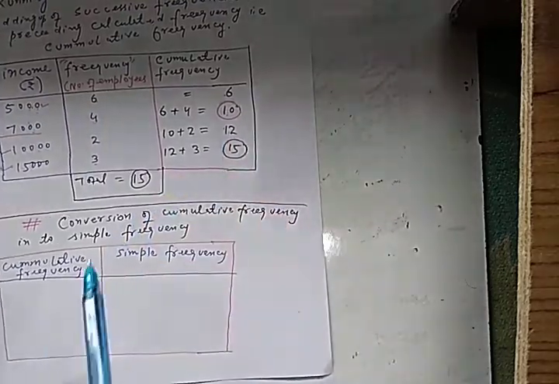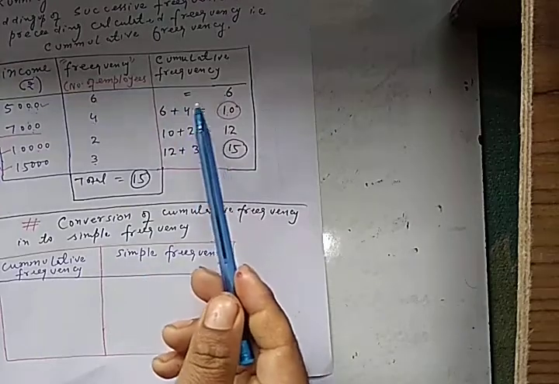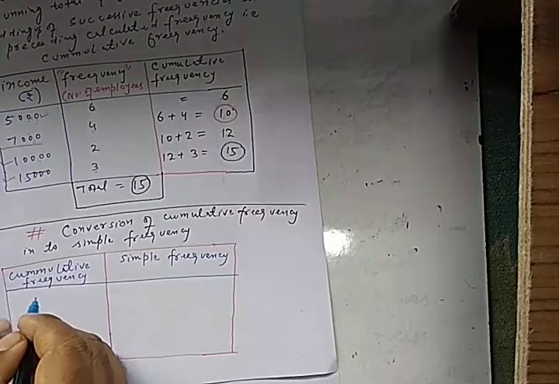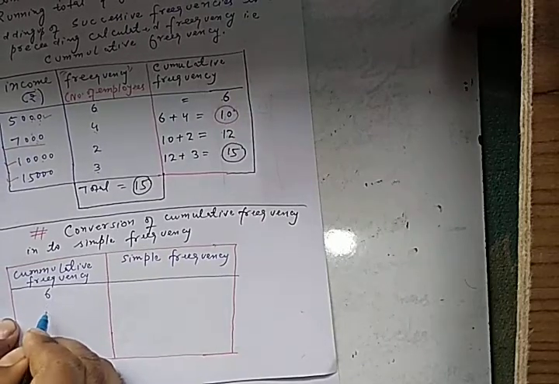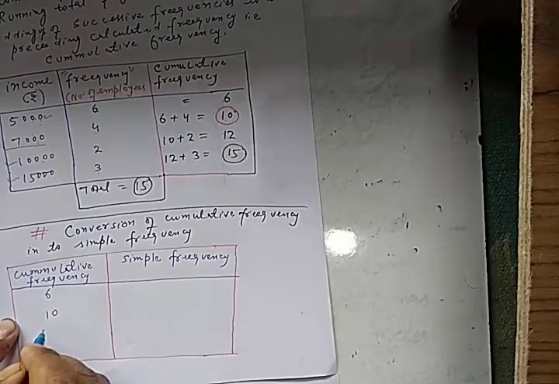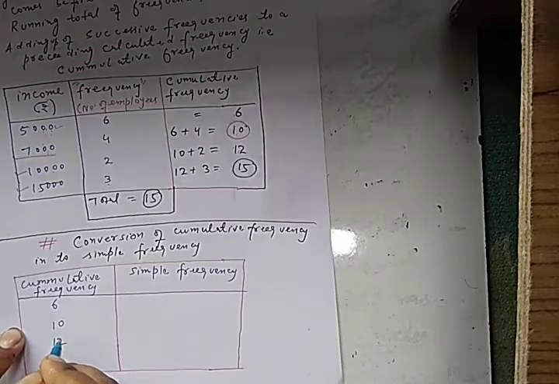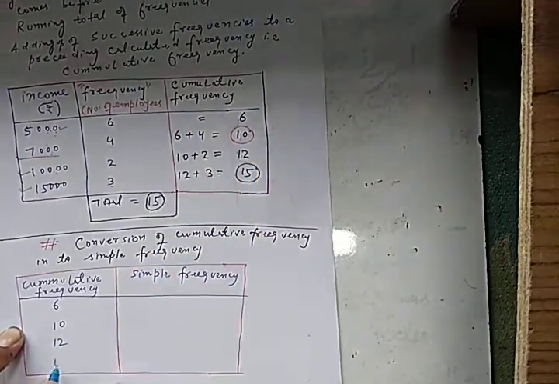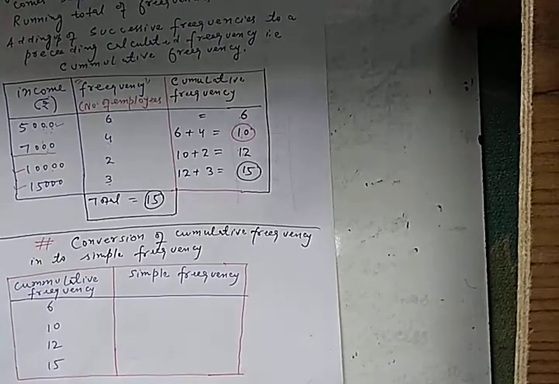We will take the same cumulative frequency as given in our above example, that was equal to 6, 10, 12 and 15. What do we have to do here?